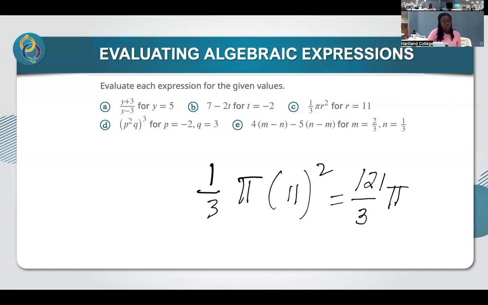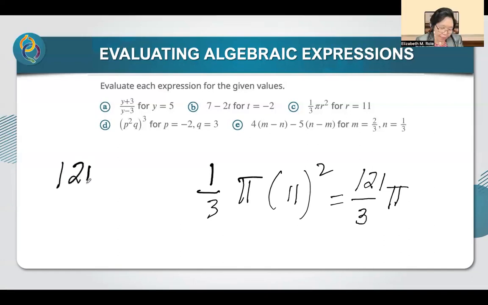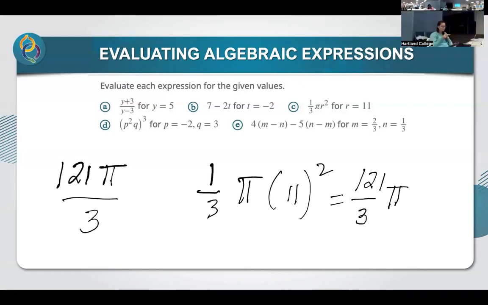Or you can even just write it as 121 pi over 3. It's like 1/3 times pi times 11 squared over 1. You just divide that by 3. That's all. So that's the final answer, 121 pi over 3.